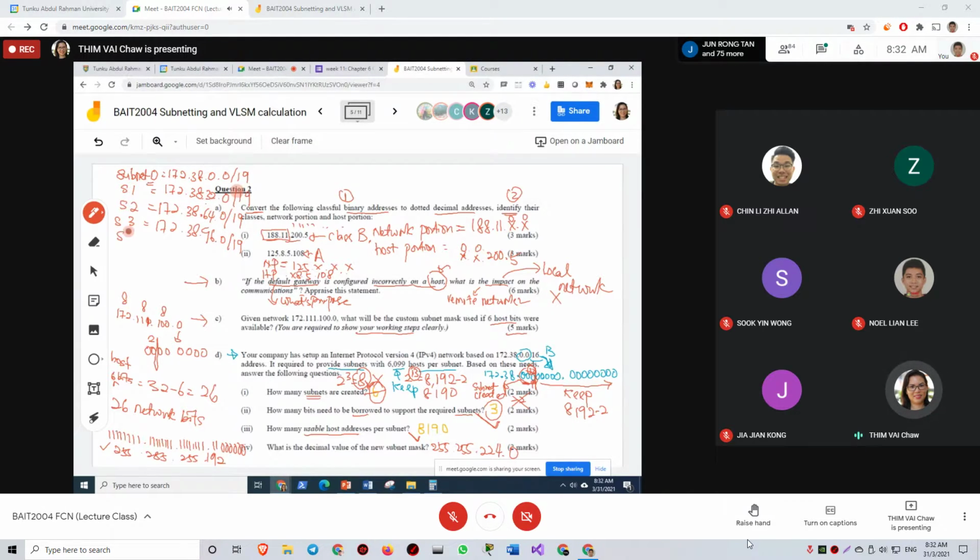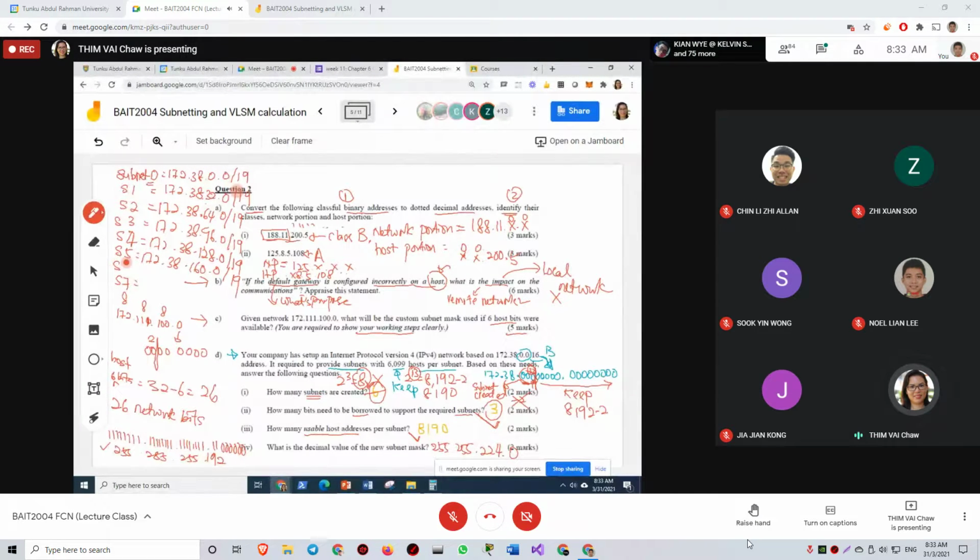So subnet number 4 will be 172.38.96 plus 32 will be 128.0/19. Subnet number 5, 172.38 plus 32 will be 160.0/19. So every time, and so on until you have subnet number 7.